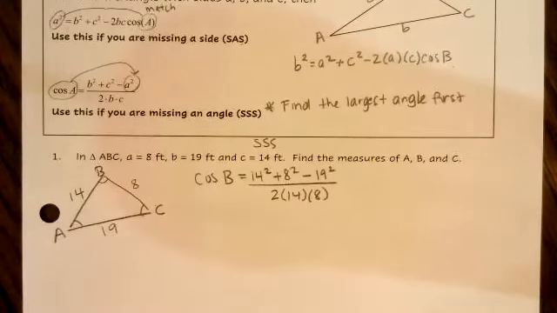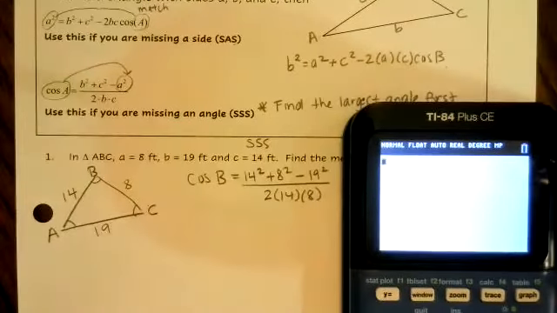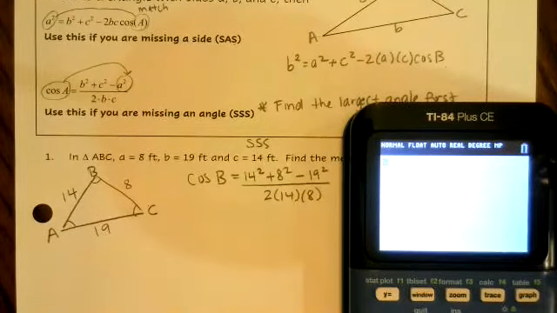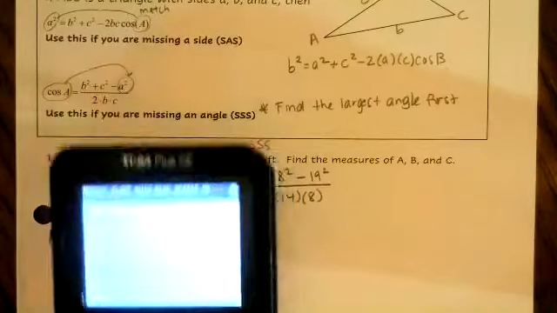Now we're ready to plug this into the calculator. If you want to avoid any order of operation issues, use your alpha y equals to get that numerator over denominator so that you can make it look exactly the way it is on your paper. Let me put that where you can see it better.